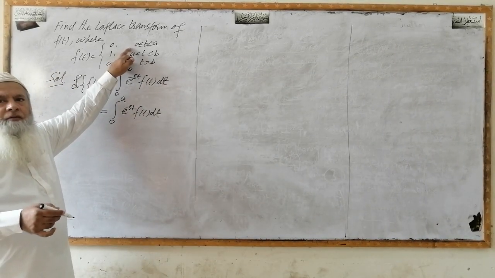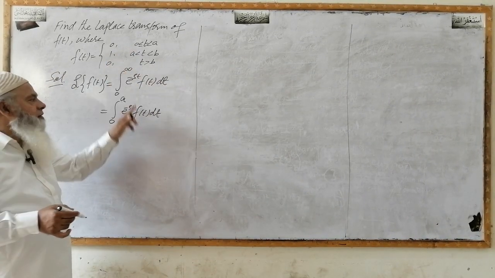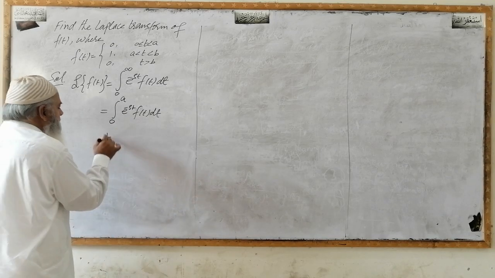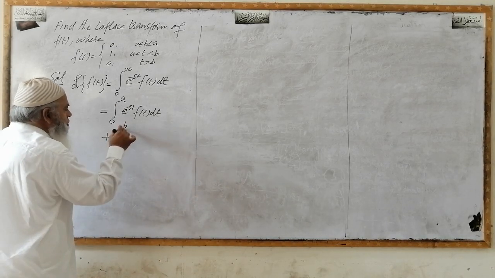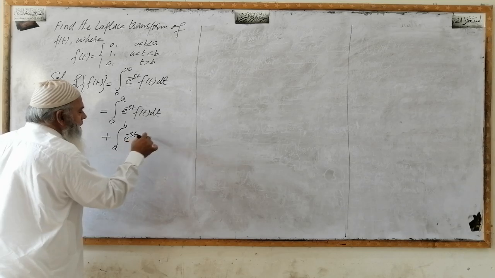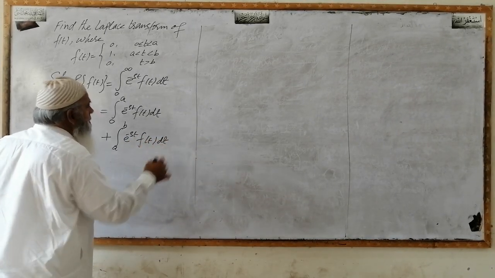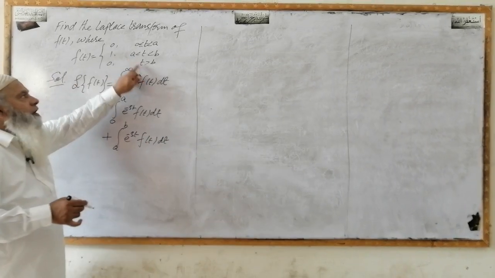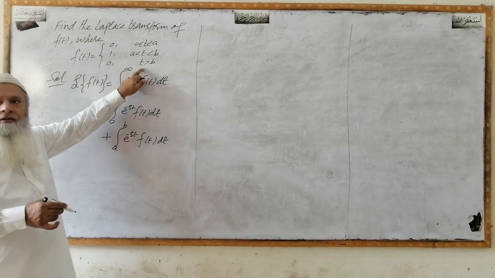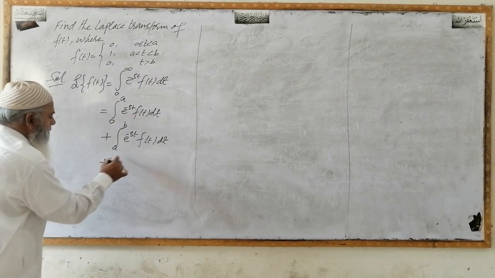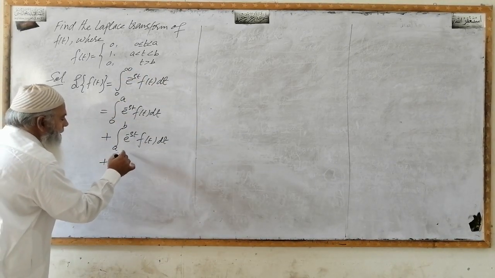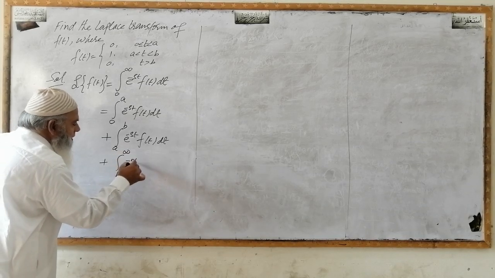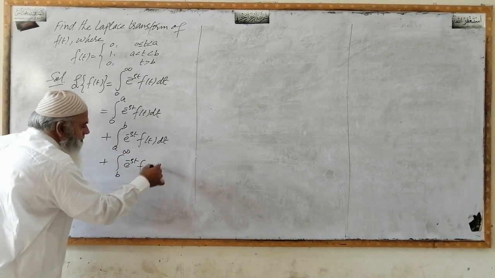Then the second integral will be from a to b e raised power minus s t f of t dt, and finally we have t greater than b. Therefore this should be b to infinity e raised power minus s t f of t dt.